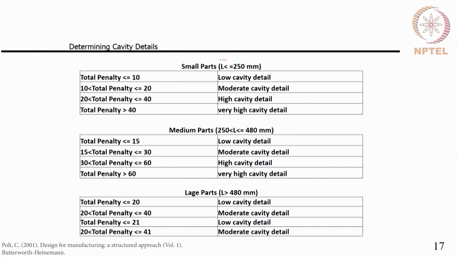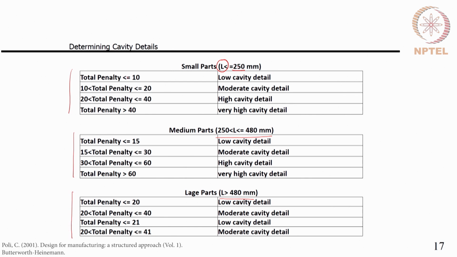Depending upon the largest dimension of the mold, the L that we have already computed, if L is less than 250 mm, then we use this data. If it is between 250 and 400 mm, we use this, and if it is greater than 480, we use this.